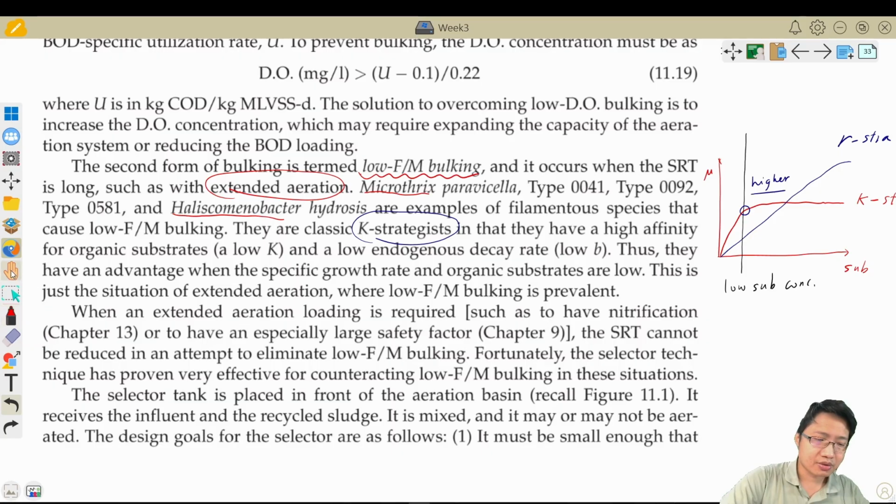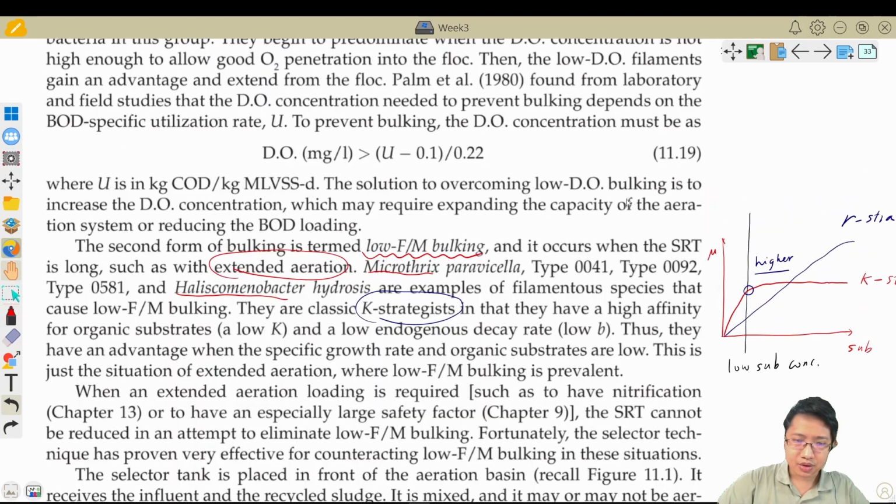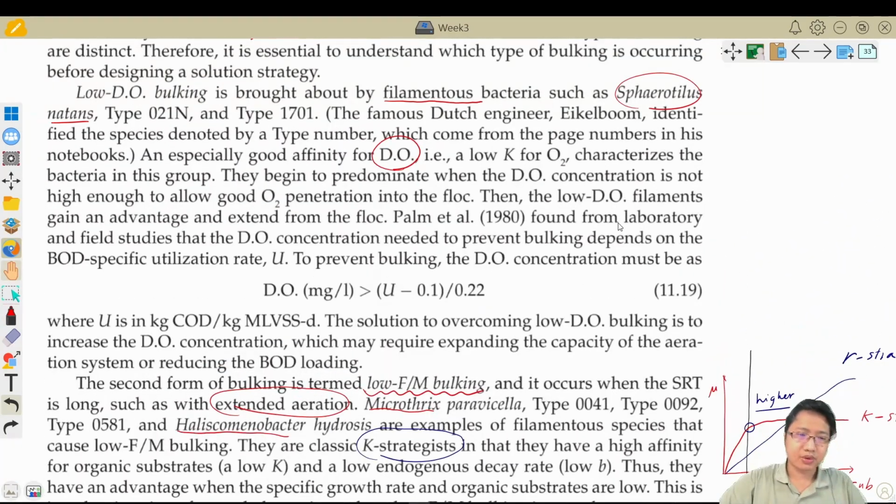Okay, so how do we prevent those? It's quite easy to prevent low DO bulking.